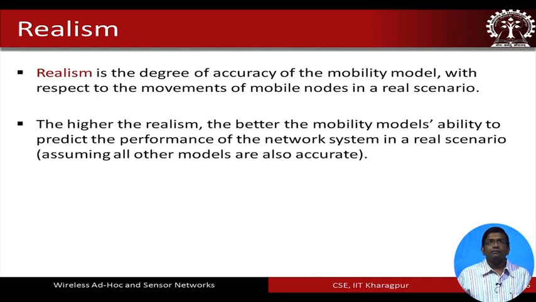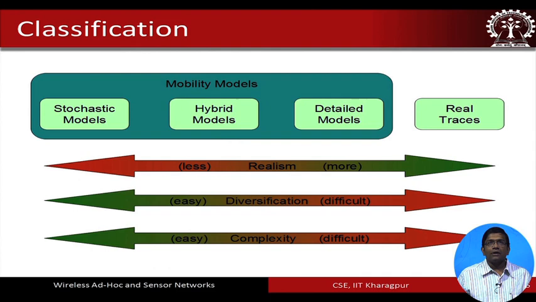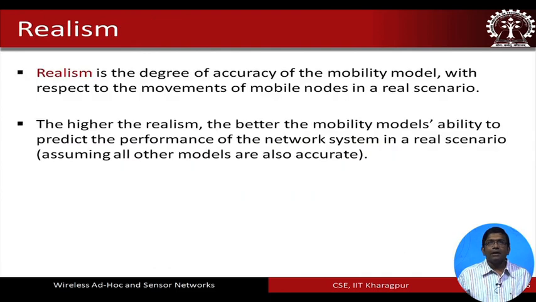So, let us now go through exactly what is meant by these terms: realism, diversification and complexity. Realism is the degree of accuracy of the mobility model with respect to the movement of the mobile nodes in a real scenario.